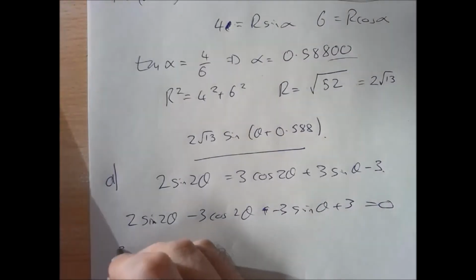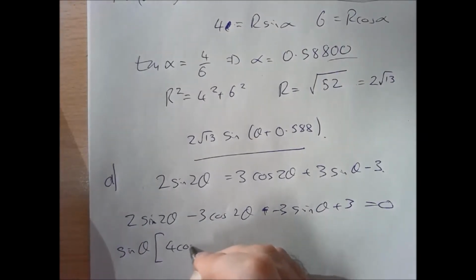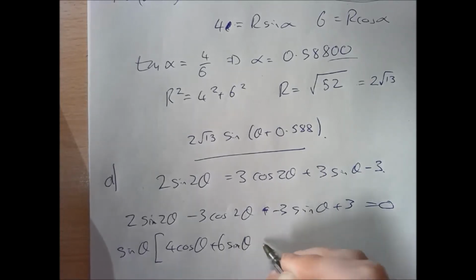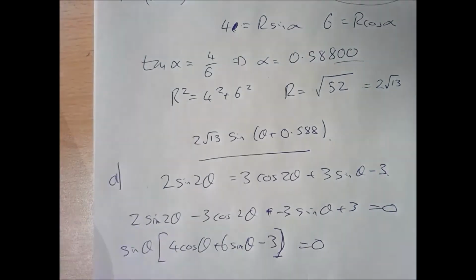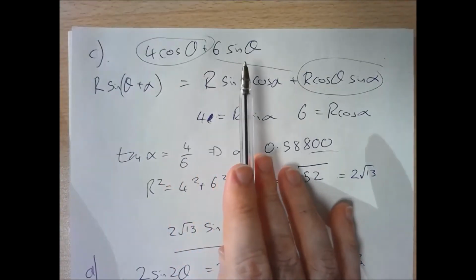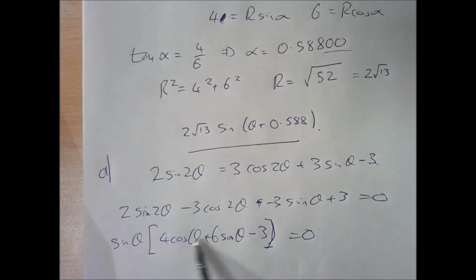So I'm going to replace the entire left hand side with this. So we get sine theta, open brackets, 4 cos theta plus 6 sine theta minus 3, close brackets, equals 0. We should also notice from this part up here that we can express this 4 cos theta plus 6 sine theta as this. So we're going to put that in here as well for this bit.